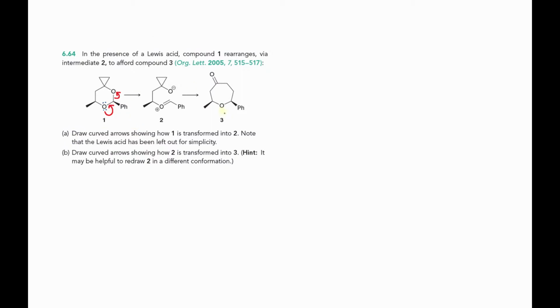Another interesting way to solve this was, instead of thinking of this as a concerted process, we could actually have the leaving group as this bond breaking first and then create the carbocation. So let me illustrate that.